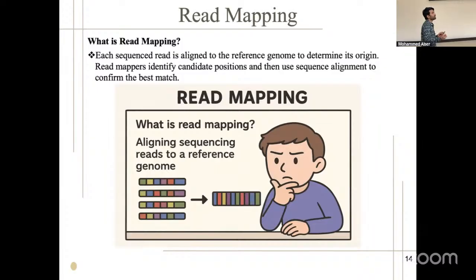Or maybe you don't know which organism the read is coming from, so you need to match against multiple reference genomes to know which organism's DNA portion it is. Here it is shown with different colors in place of characters. Mapping the reads to the reference genome to find the location or the organism is called read mapping.